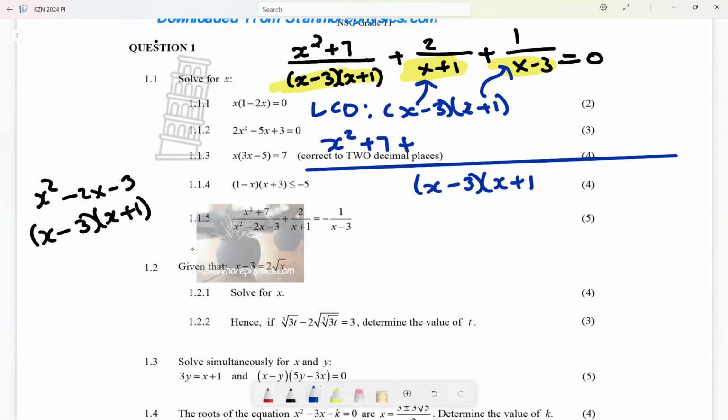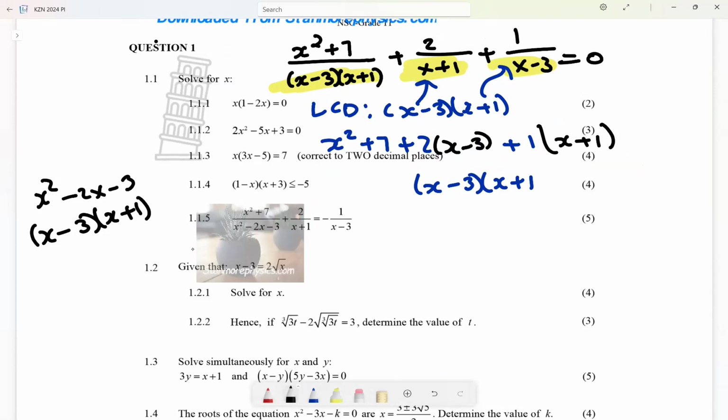I want you to take note of that. Then you say plus 2, but I will multiply by x minus 3, because it does not have x minus 3. It has only x plus 1. Then plus 1, which I am going to multiply by x plus 1, because it is short of x plus 1. Then it will be equal to 0. Let me do that.